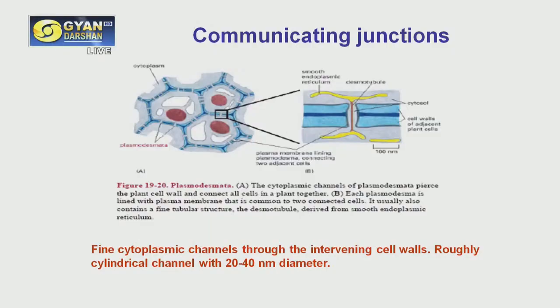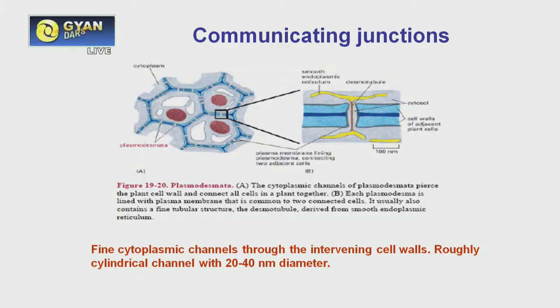Now, whatever we discussed so far is mostly in animals. But in plants, these communicating junctions are known as plasmodesmata, or plasmodesma. So how do these plasmodesmata look? Again, you can see in the diagram.